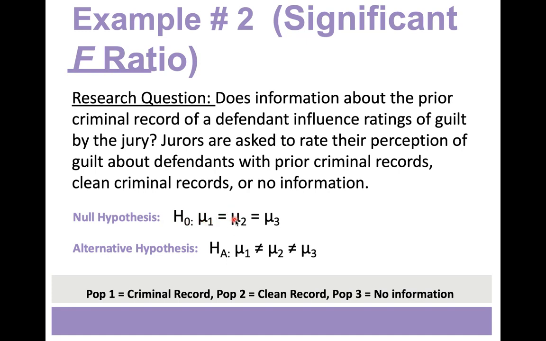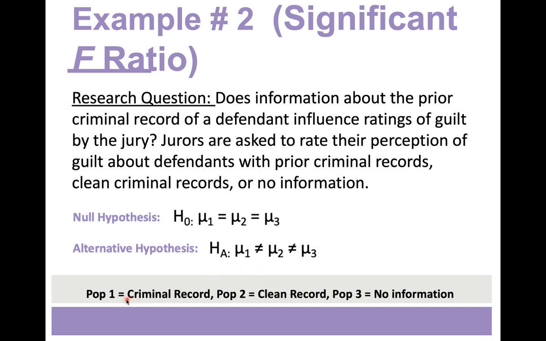Group 1 is equal to group 2 is equal to group 3. And our alternative or research hypothesis is that there's a difference somewhere. We're not sure where it is. We're going to hope that the ANOVA and then the subsequent post hoc tests can help us determine where this difference lies.